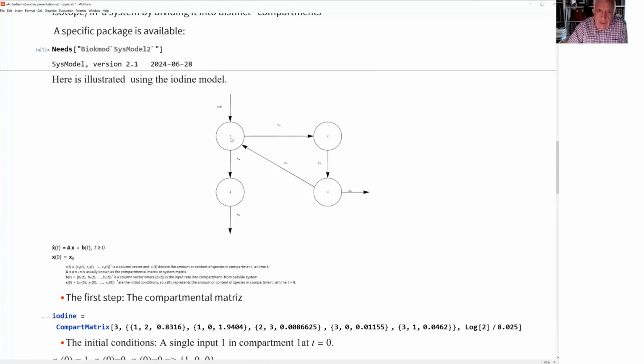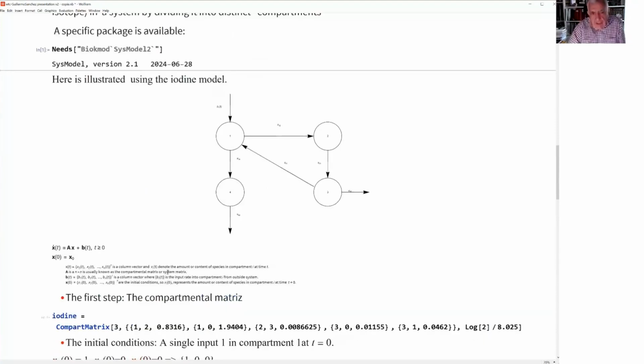From compartment 1 it goes to compartment 2, and from compartment 2 to compartment 3, and here I represented the arrow flow. I will also need the transfer coefficients. Finally, this model is mathematically represented by a system of differential equations.